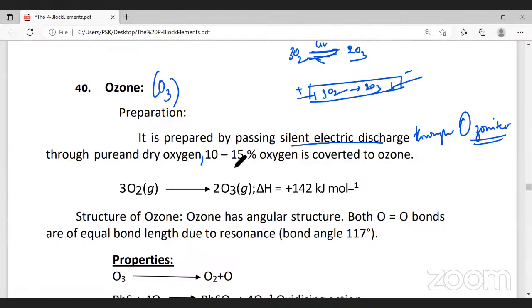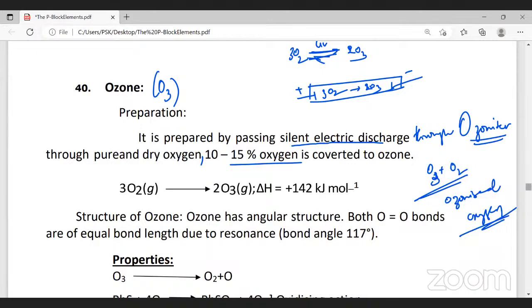Only 10 to 15% will be converted to ozone. Since only 10 to 15% of oxygen is converted to ozone, the ozonizer will contain ozone and oxygen. Therefore, it is called ozonized oxygen.